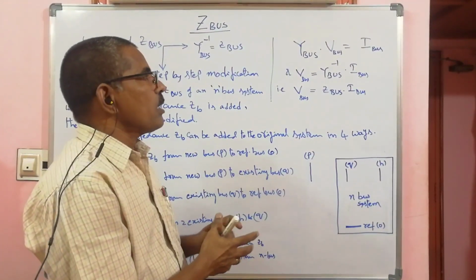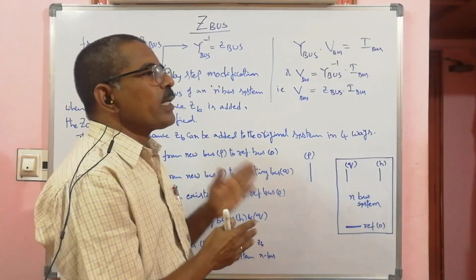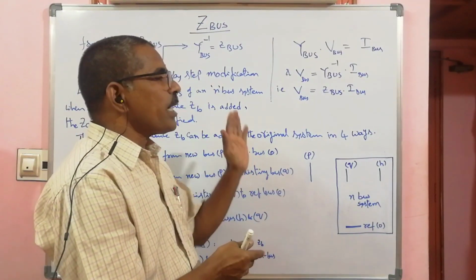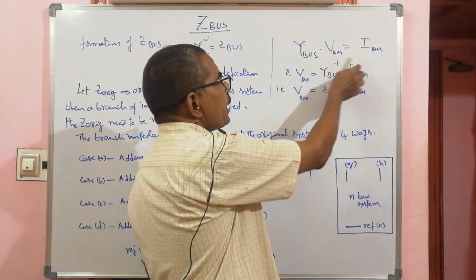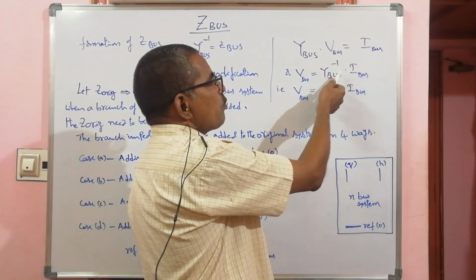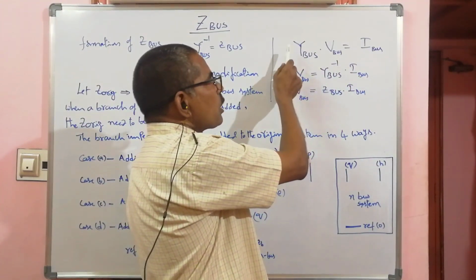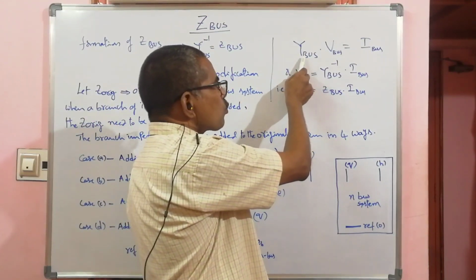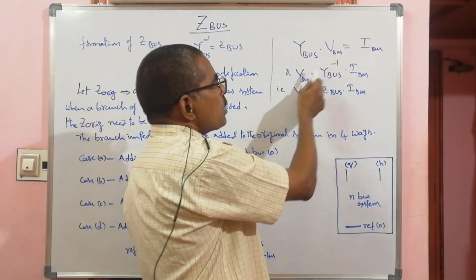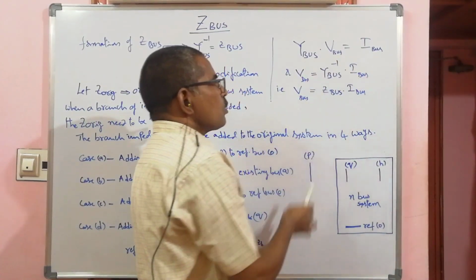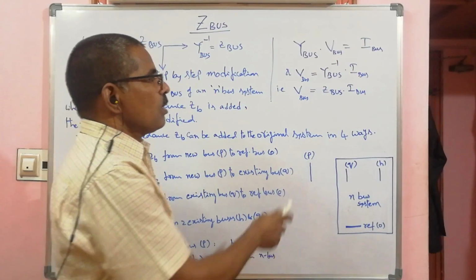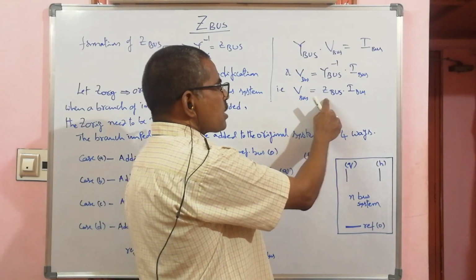When we multiply, we should be very clear whether it is to be pre-multiplied or post-multiplied. Here you are pre-multiplying both sides with Y bus inverse, so that Y bus inverse product Y bus is 1, and V bus is pre-multiplied with Y bus inverse too. So Y bus inverse into I bus, so that finally you can say V bus is Z bus into I bus.